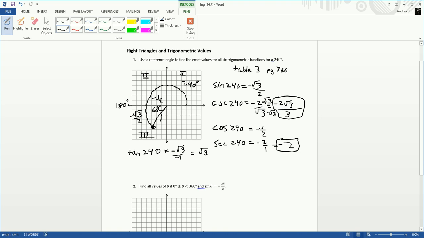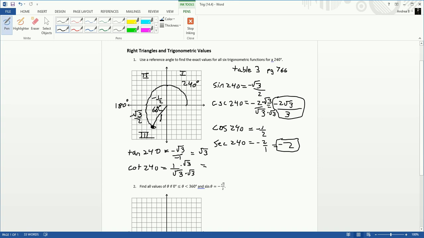So similarly for our cotangent here, it would also be positive, but it'd be 1 over that square root of 3 that we got for the tangent function. But once again, we can rationalize the denominator by multiplying the numerator and the denominator there by that square root of 3.